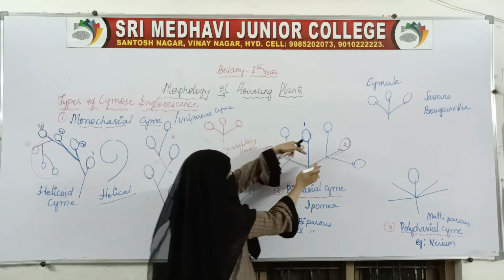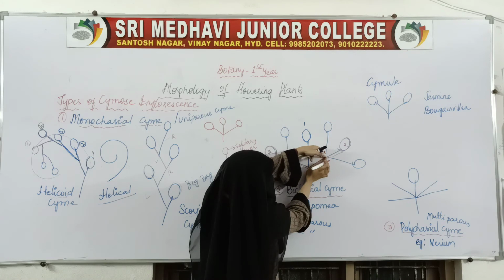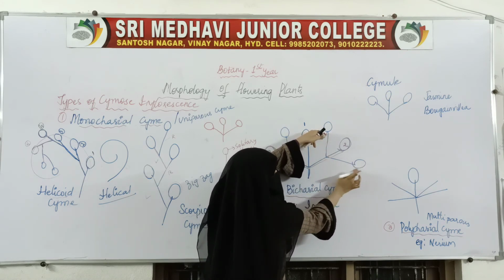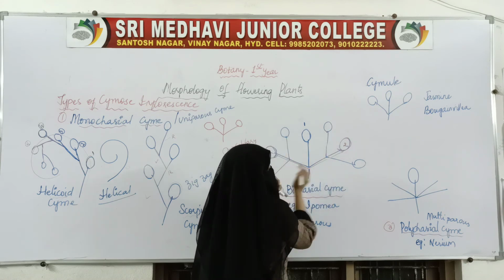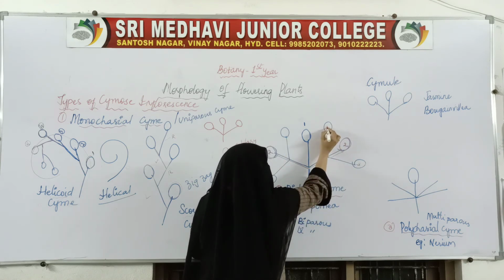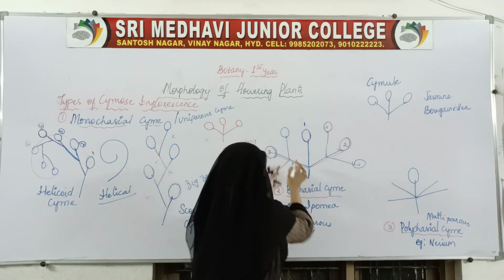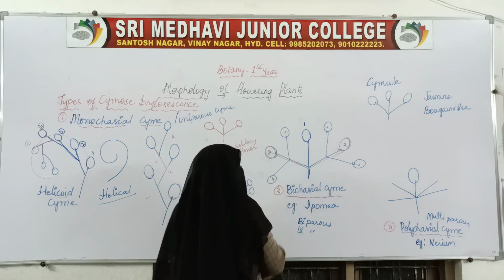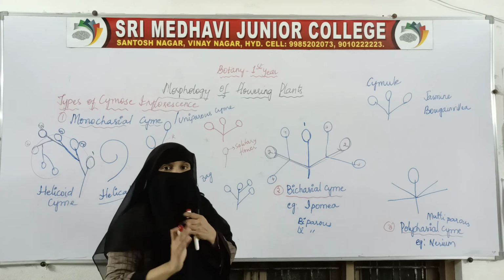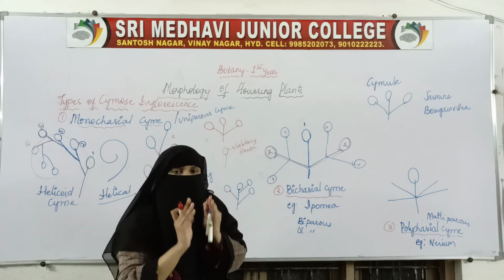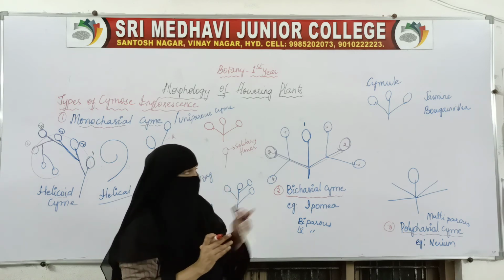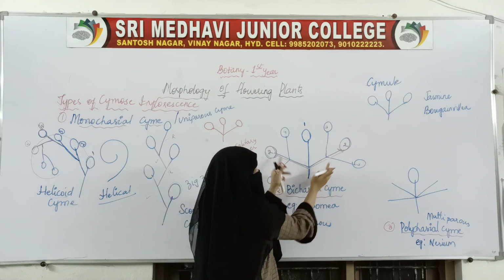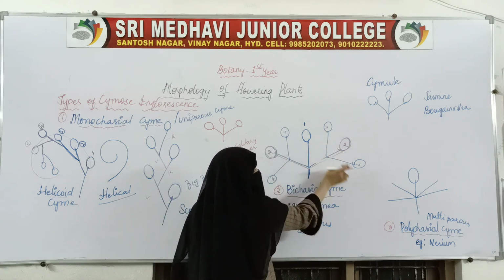Now this branch, at the same time, is further giving rise to two branches which terminate into flowers. That is the third. This is also terminating into a flower. This will be your fourth. So every time there is a branch, it gives two branches.